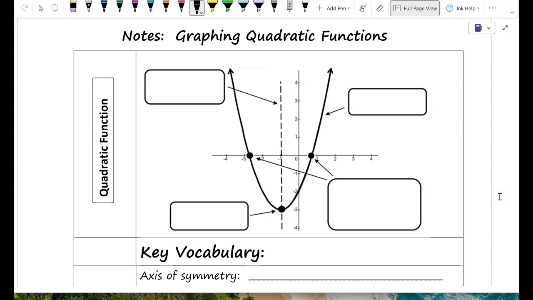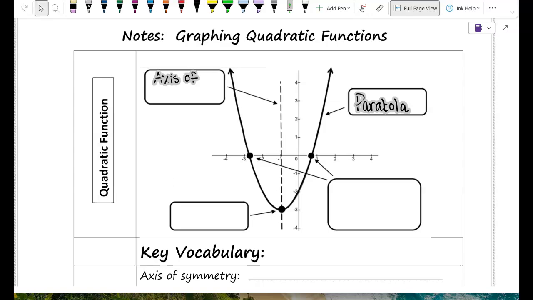So 3 of the terms we've been using quite regularly. The top right box is pointing at the U-shaped graph, and we know that that U-shaped graph is called a parabola. The box on the top left-hand side is pointed to that dashed line, and we know that that dashed line represents the axis of symmetry. It is your notes.